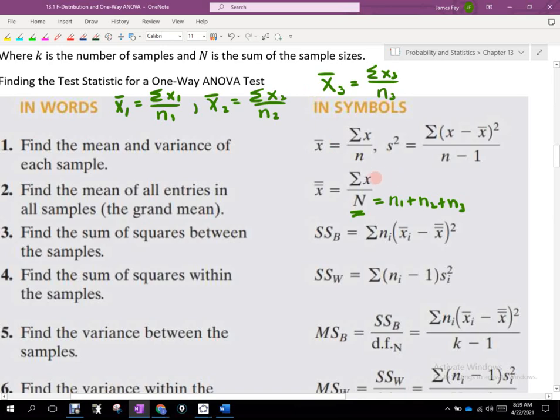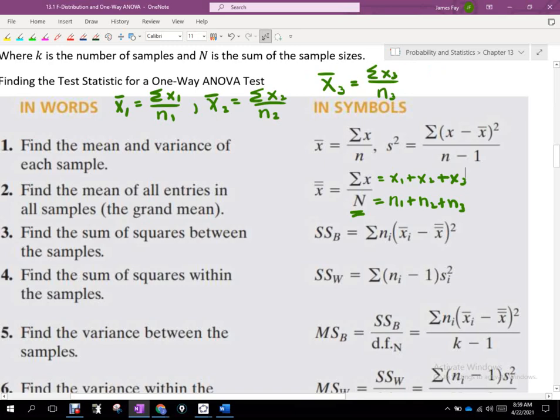And then the sum of X here, using this scenario, would be X1 plus X2 plus X3. That's the sum of all of the data points from each sample divided by the sum of the sizes of each sample.